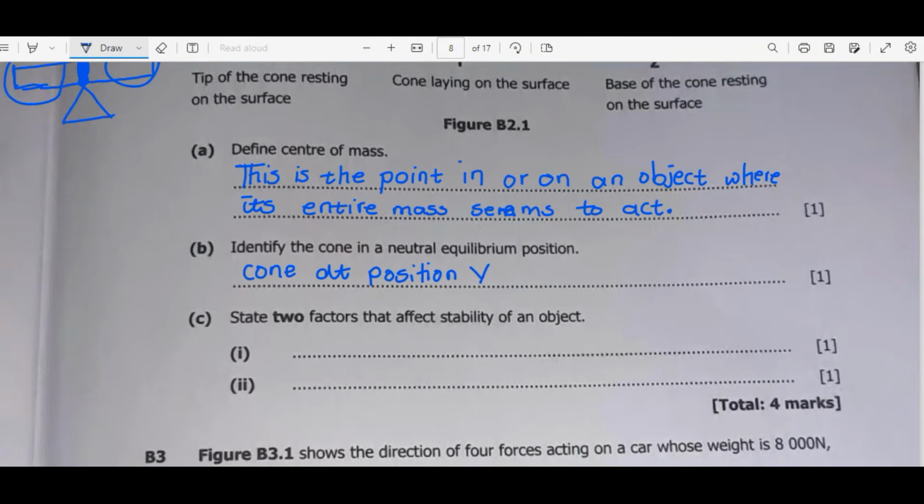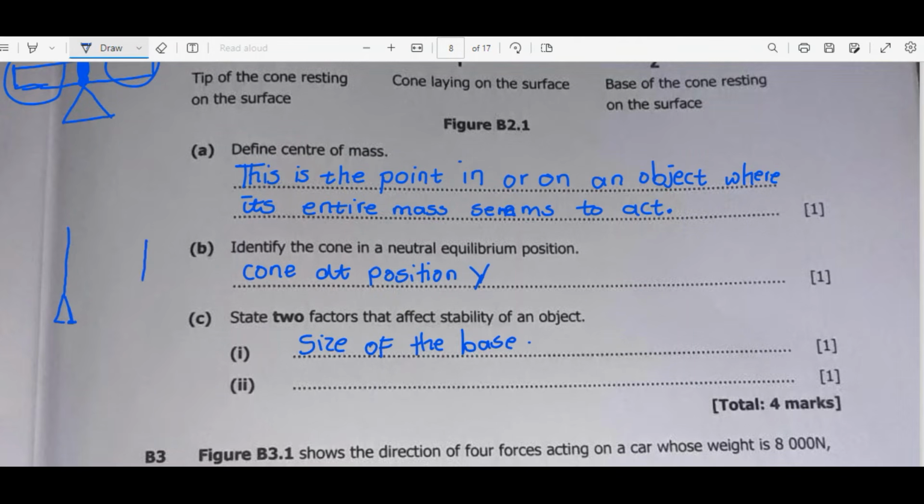Okay, then state two factors that affect stability of an object. So the first one, we'll look at the size of the base of an object. So I want you to have a picture. Let's say a person is standing, and this person has his or her feet close to each other.